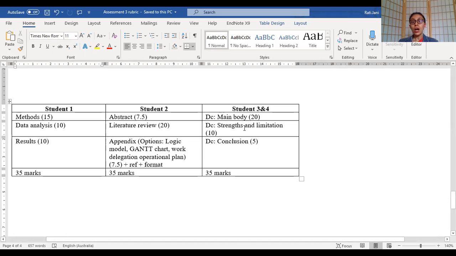Students 3 and 4 would be focusing on the discussion. You have had some practice writing methods and the introduction in your ethics application. The discussion is completely novel. That's going to be your first time experience.